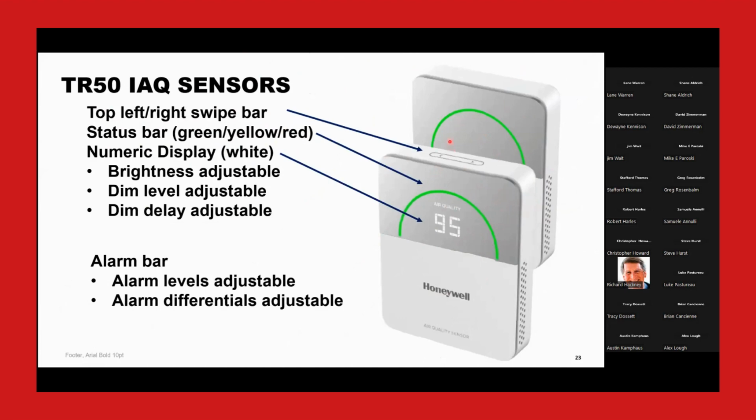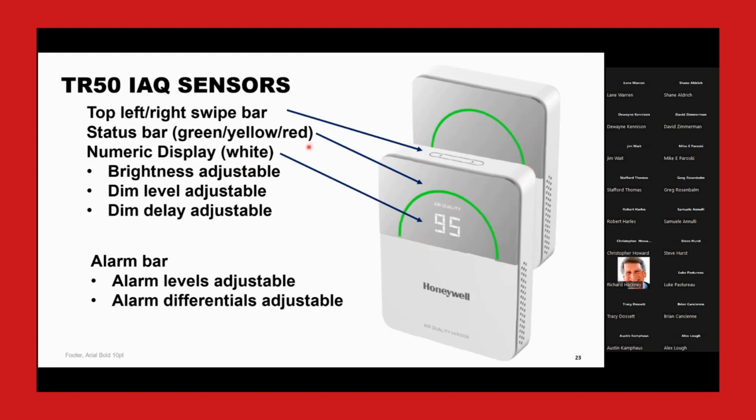These displays can be disabled. You can turn them off. You can change them from being a multicolor to a white display. You can pick which values get displayed, if they rotate, when they dim, how low they dim. You've got a ton of configurations for how these present themselves into the space, including the levels of alarm that'll change the color from green to yellow to red.